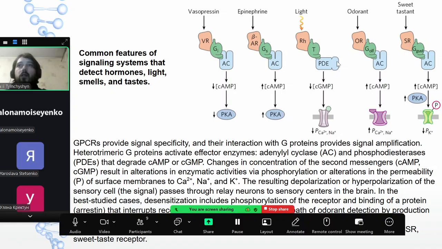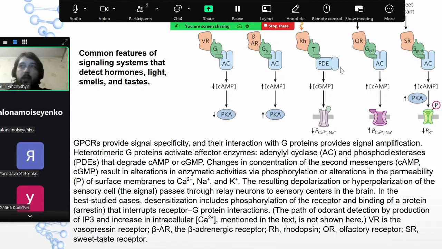Here is light. Here you see PDE, which leads to a decrease in cyclic GMP that inactivates some sodium channels, so the channels close. Here you have an example of an odorant, and here an example of a sweet tastant. So that's what we have.